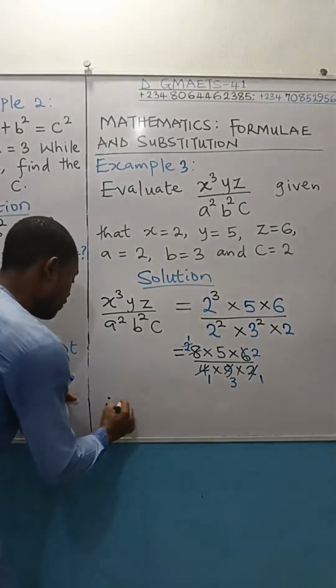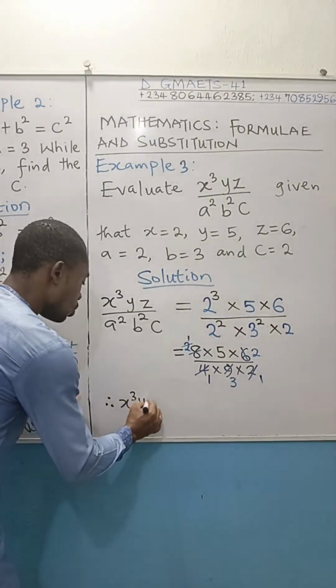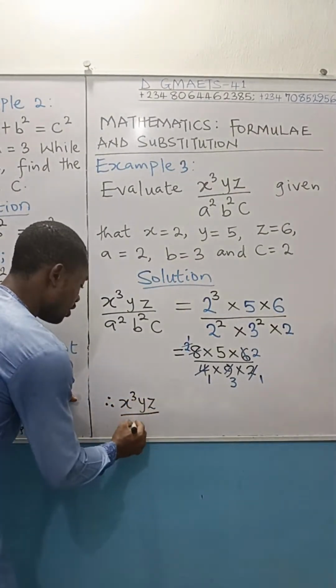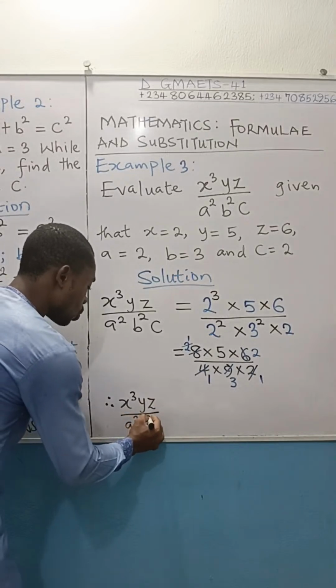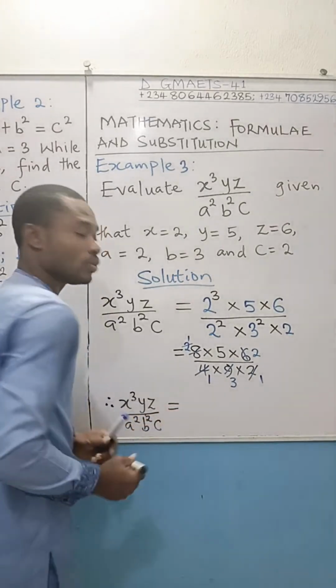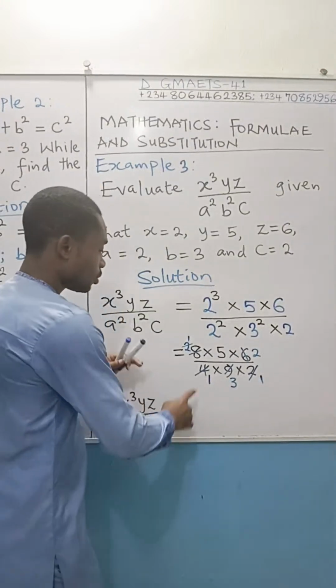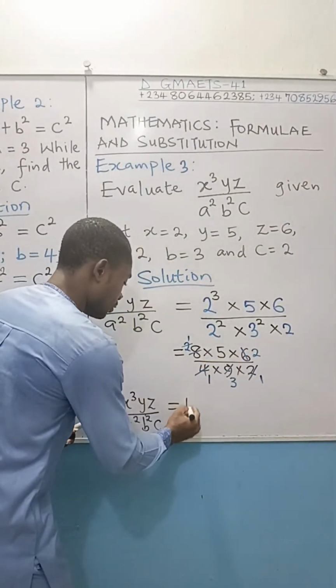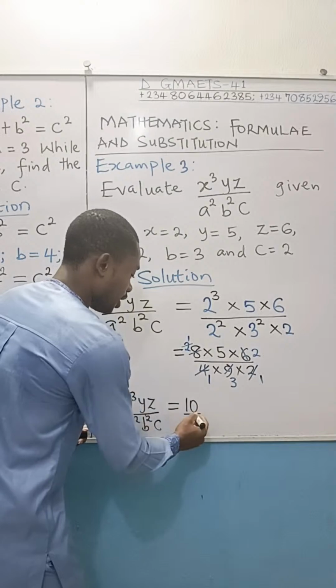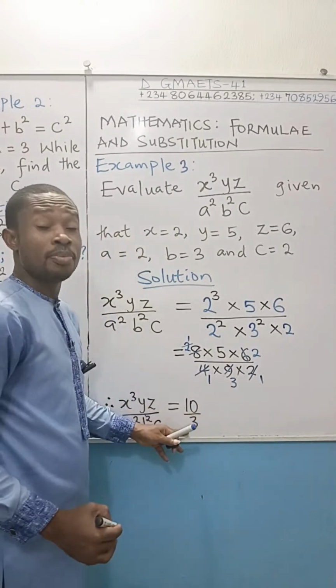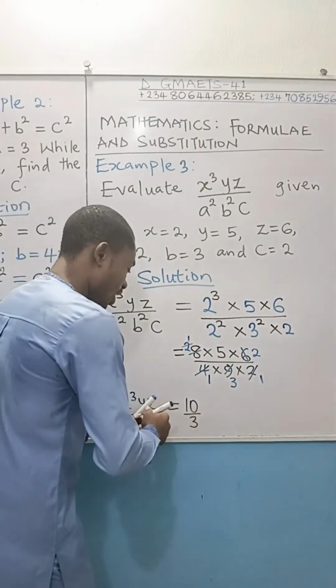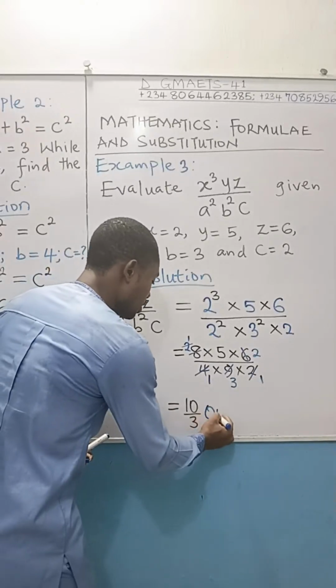So we can conclude, therefore, x raised to power 3, yz, all over a raised to power 2, b squared, and c is equal to 5 times 2 is 10 over 3. But this is improper fraction. So we can still convert to mixed fraction.